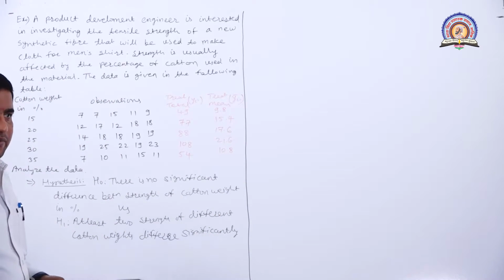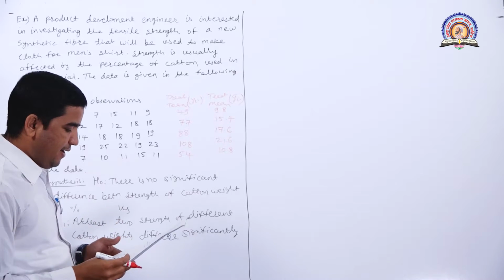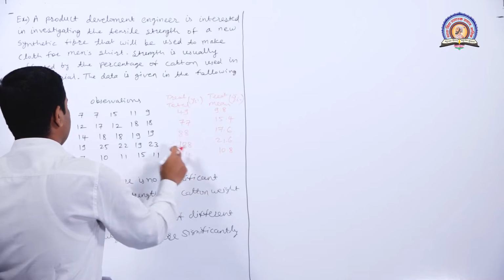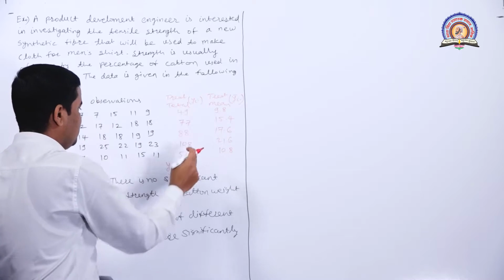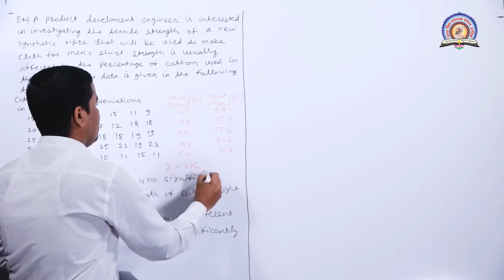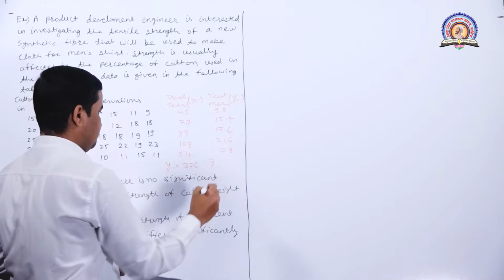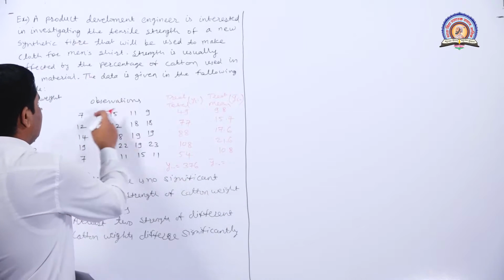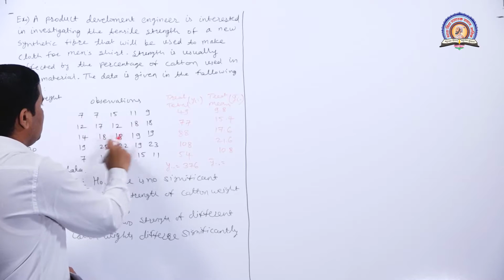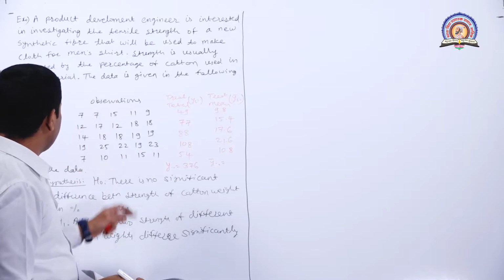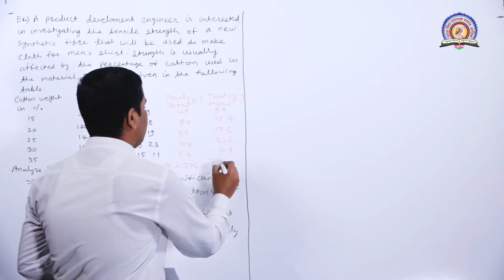To find sum of squares, we require y dot dot also. y dot dot means the total of all observations, which will be 376. And y bar dot dot means the mean of all observations. This means 376 divided by 25, as there are a total of 25 observations, which is 15.04.